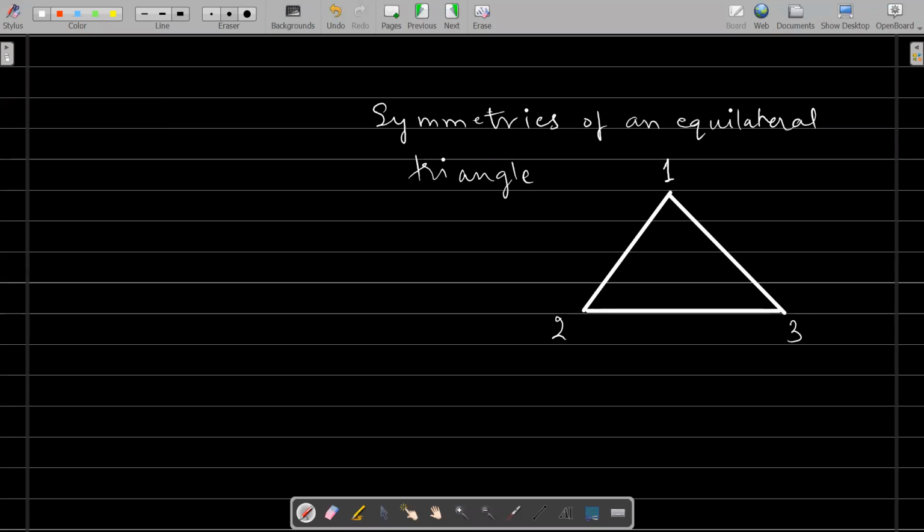And if I rotate the whole diagram in a plane, like for example, if I rotate around the centroid by some angle, I'll get something like this. And you see, when I rotate by 120 degrees, again it will fit onto itself. 1 will go on to 2, 2 will go on to 3, 3 will go on to 1.